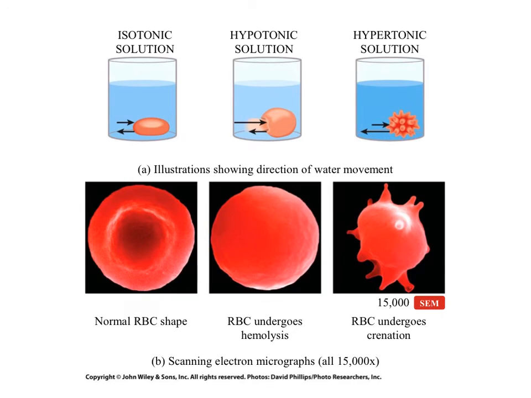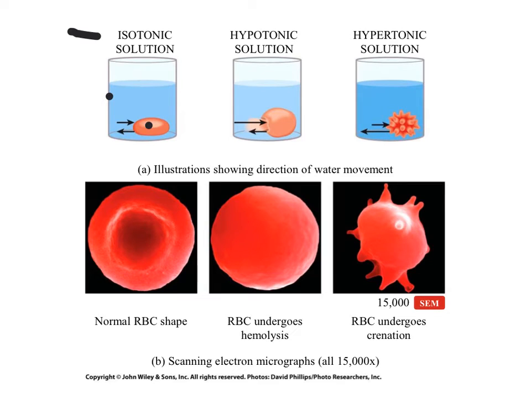Okay, we talked about this in relation to isotonic, hypotonic, and hypertonic solutions, which is what your homework was about. So again, you should be professionals at this by now, but so that you get an idea here, remember, isotonic is equilibrium, so the outside fluid, the extracellular fluid out here, is the same as the intracellular fluid inside the cell, so equilibrium has been reached and therefore there's no movement.